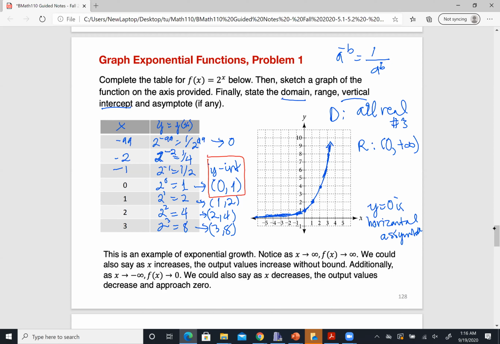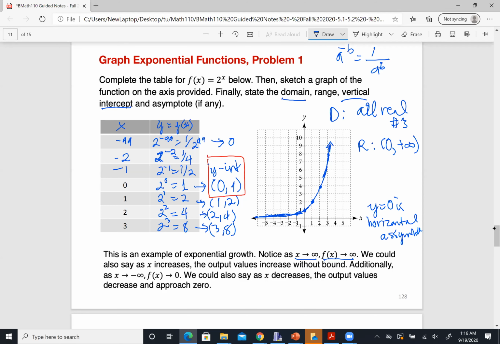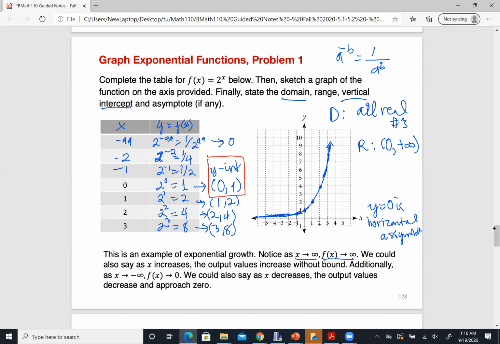And this is an example of exponential growth. Notice that as x goes to infinity, f(x) will go to infinity. We could also say that as x increases, the output values increase without bound.